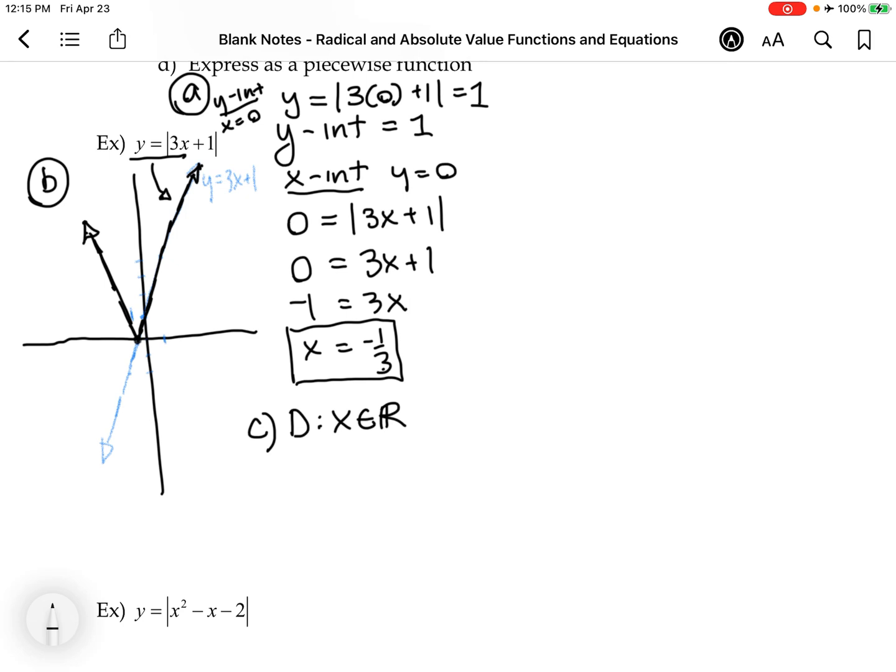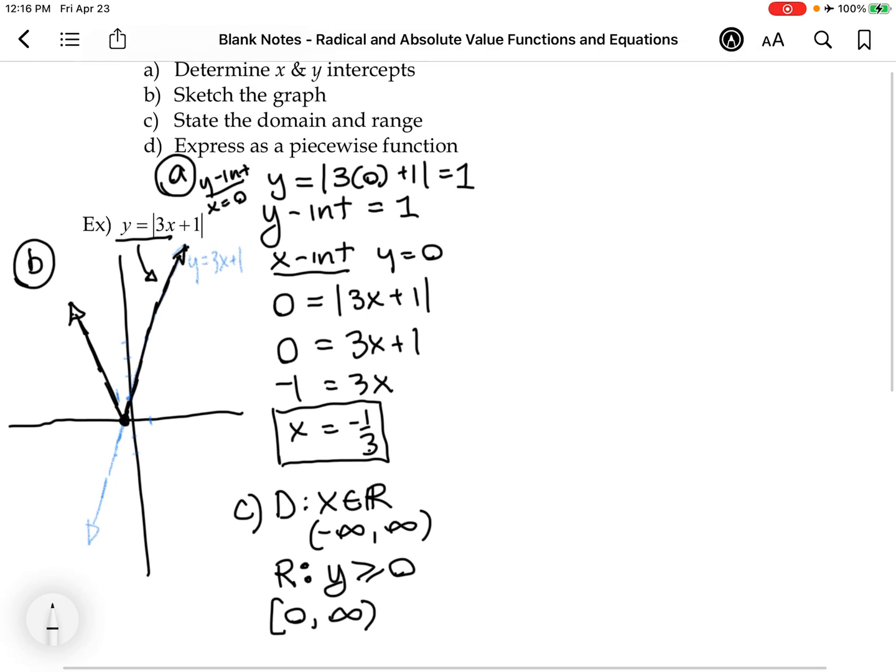You can also write it as negative infinity to infinity if you want. For your range, though, well, y can only be greater than or equal to 0, right? Because there's this minimum point down here. So for our range, y is greater than or equal to 0. You could also write it this way.